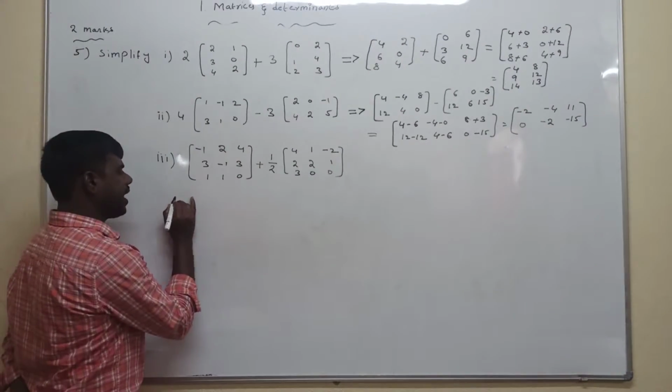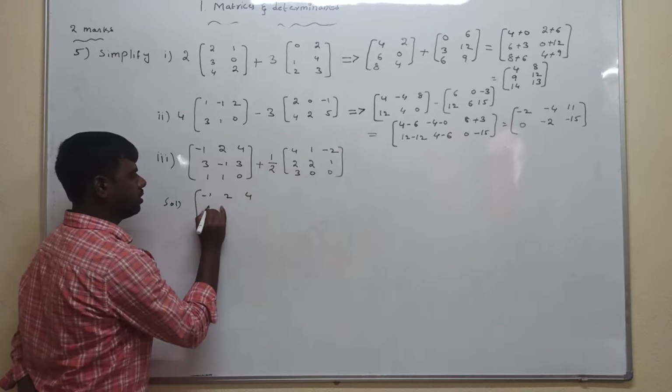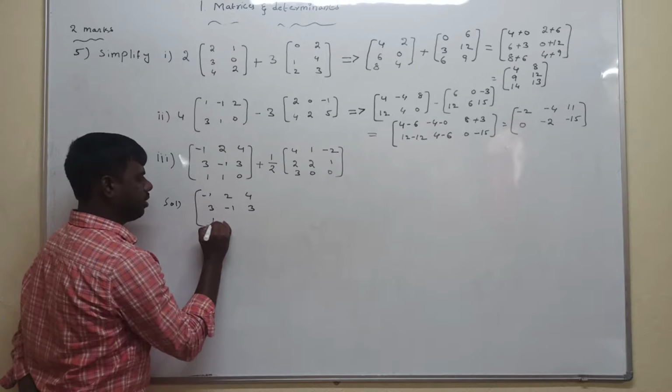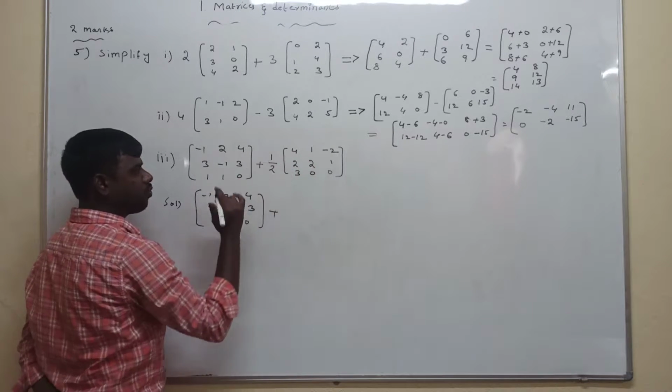Here, this matrix is written as it is: minus 1, 2, 4, 3, minus 1, 3, 1, 1, 0. Now, in the other matrix each element is multiplied with 1 by 2.